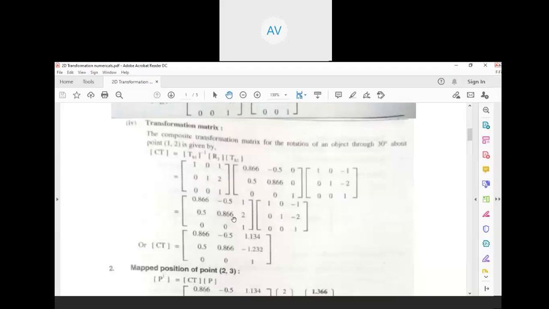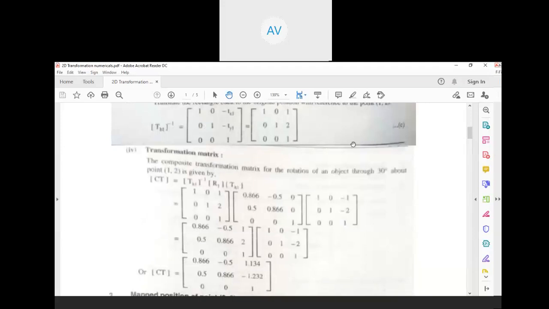After multiplying these we get the CT. This transformation matrix is nothing but the composite transformation matrix; you can also call it the concatenated transformation matrix, geometric transformation matrix, or combination transformation matrix. Different words are used, but all are the same. So after multiplication of the three we get the CT.